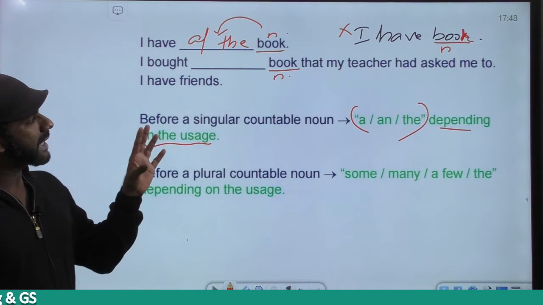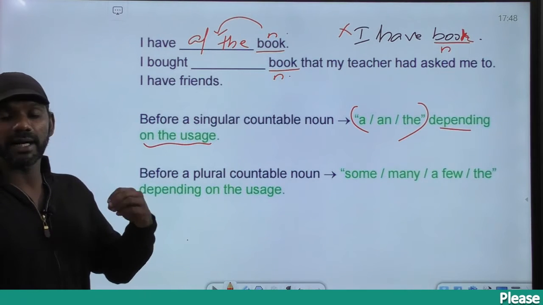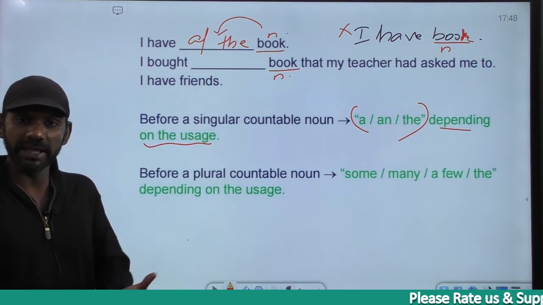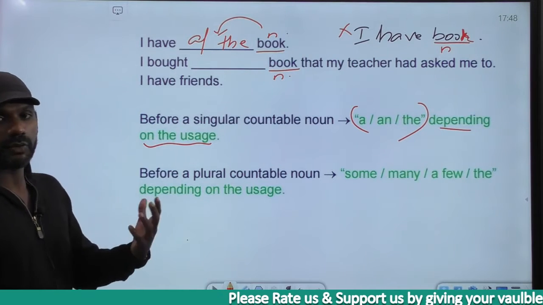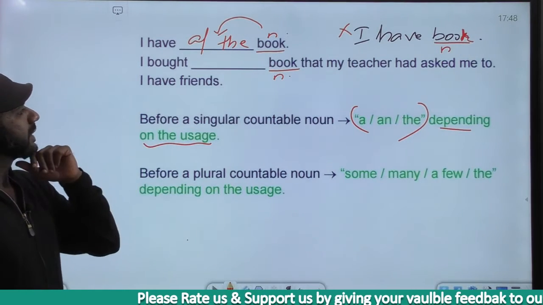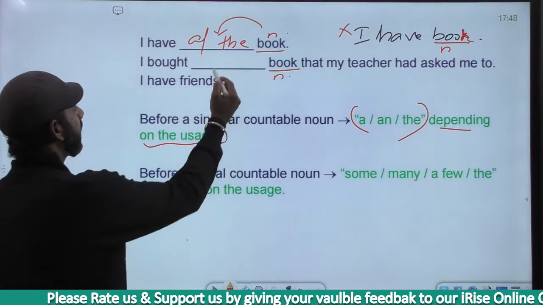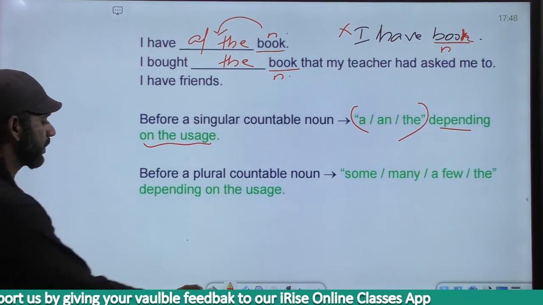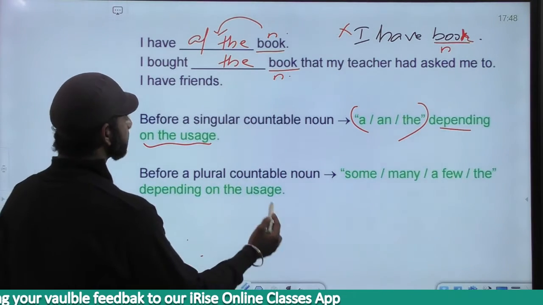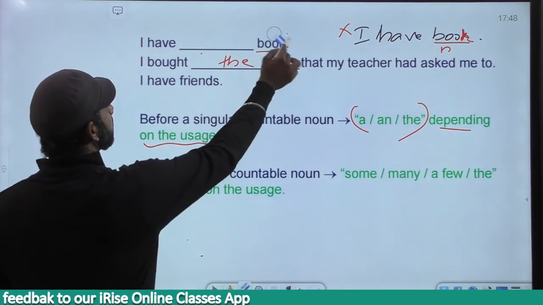Now, I bought dash book that my teacher had asked me to means asked me to buy. The verb buy is understood here. In this case, I say it must be I bought the book that my teacher had asked me to. In the first case, I say it must be I have a book.